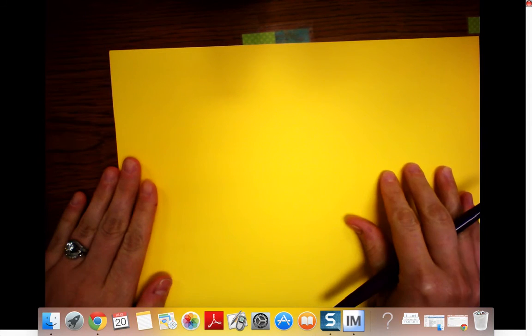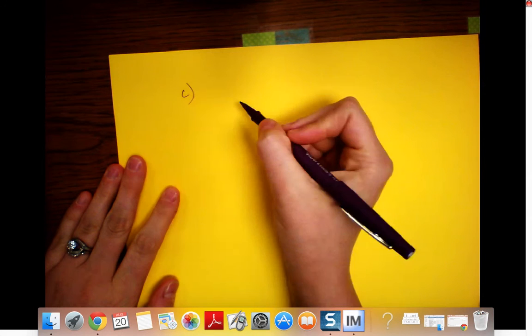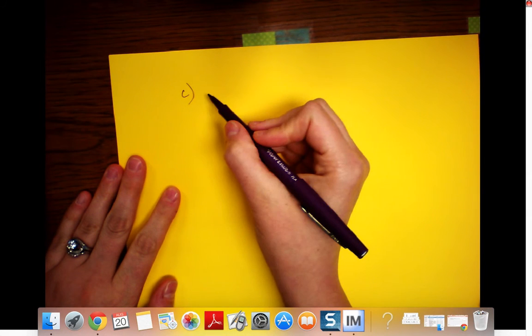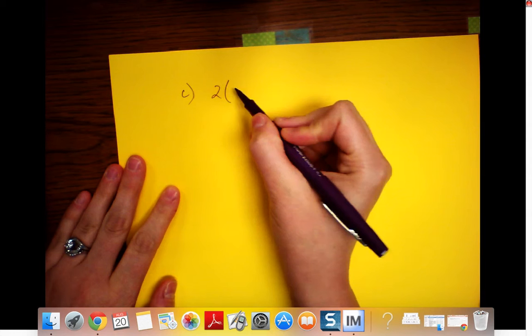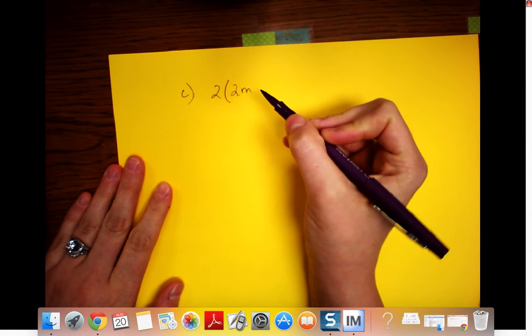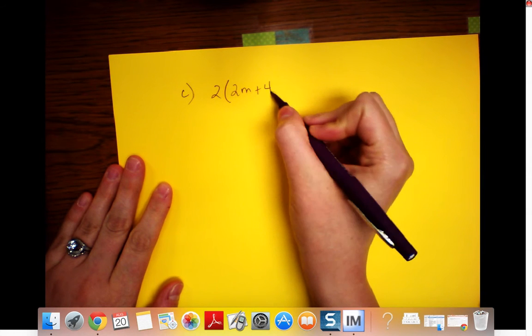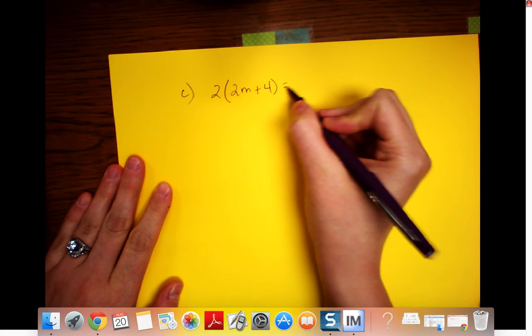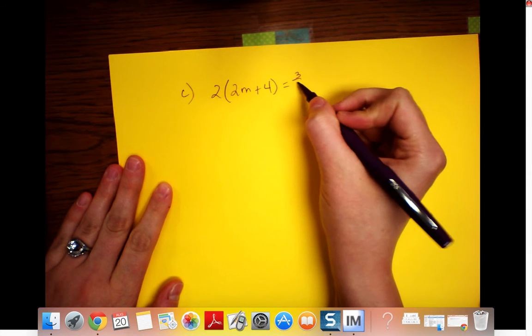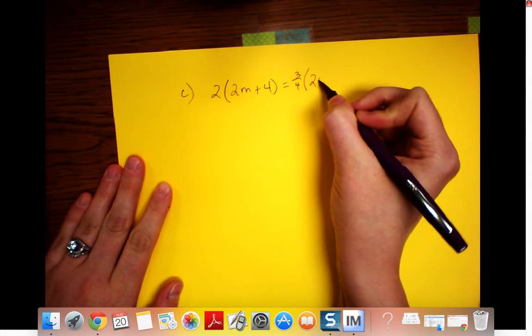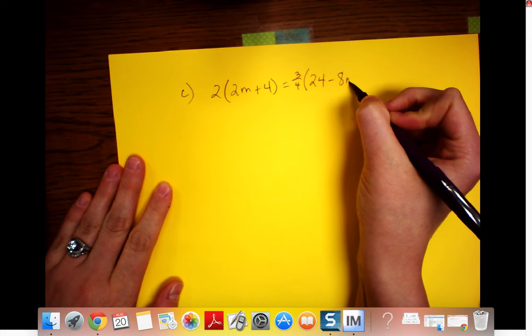Okay, let's see. How about one with the distributive property in it? So here's C. We have 2 times (2m plus 4) equals 3/4 times (24 minus 8m).